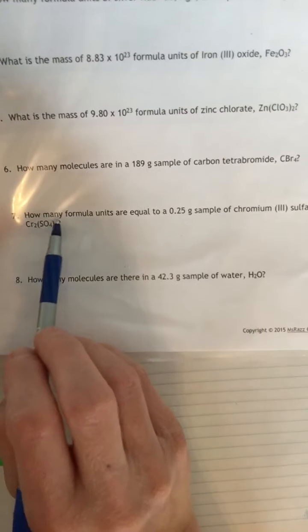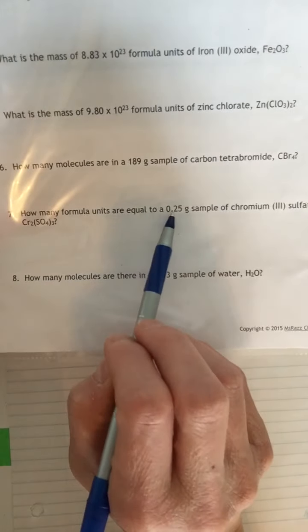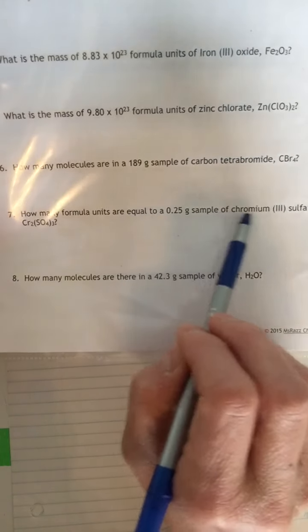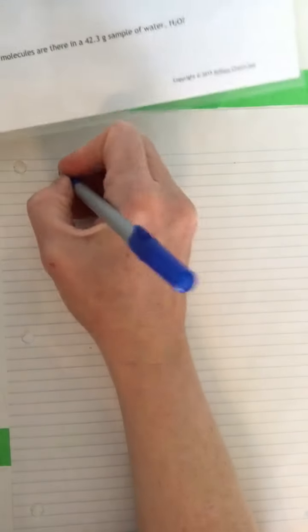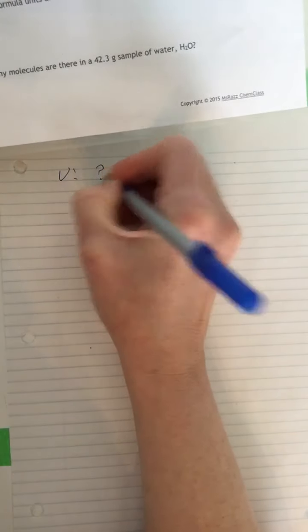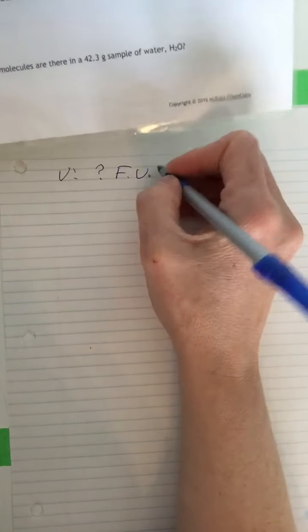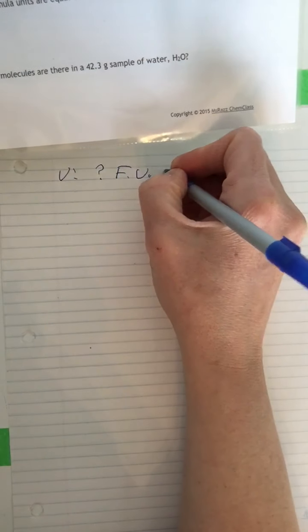Okay, how many formula units are equal to a 0.25 gram sample of chromium 3 sulfate? Ooh, this is a big one. Okay, let's do it. How many formula units? So our unknown is how many formula units, and we know we're talking about chromium 3 sulfate.